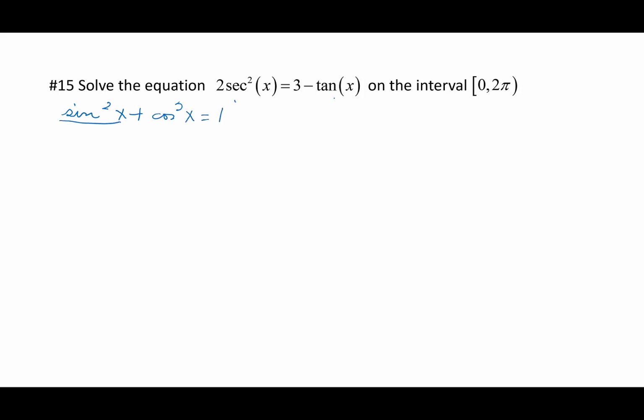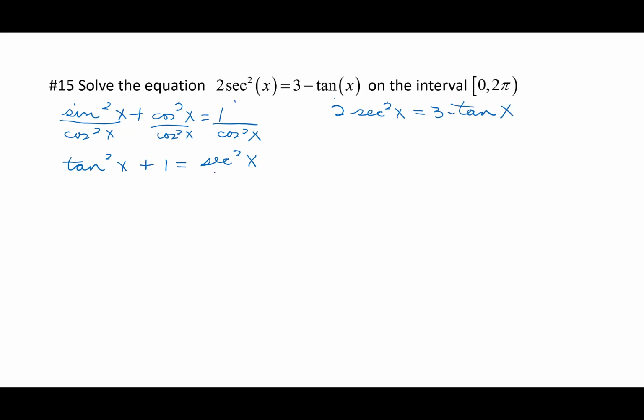If I divide through by the cosine squared, then I have tangent squared x plus 1 equals secant squared x. And my goal here is to take this equation, 2 secant squared x equals 3 minus tangent x, and replace that secant squared with something involving tangent.